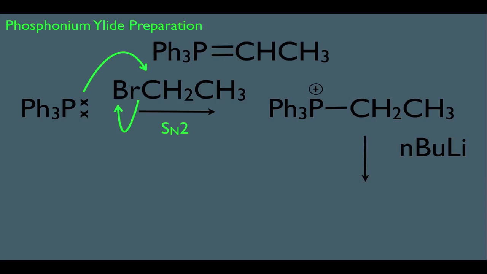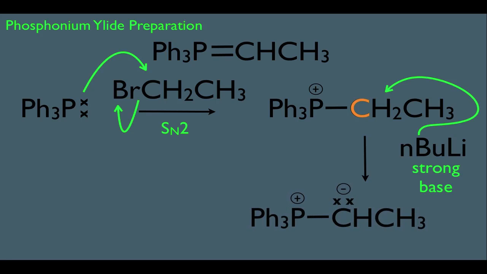All we need to know about this molecule is that it's a very strong base. And what this strong base does is rip off the hydrogen connected to the ylide carbon. If this happens, we're going to get this as a conjugate base. And notice right here is your phosphorus ylide.